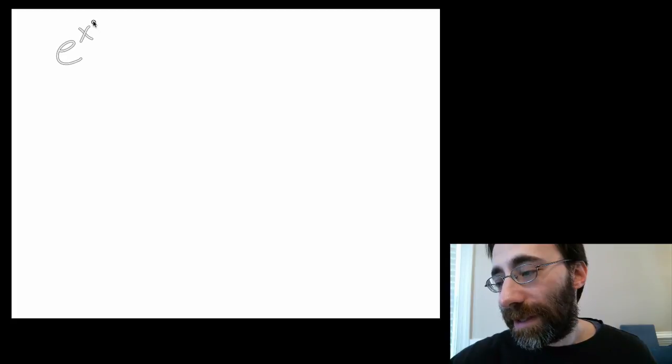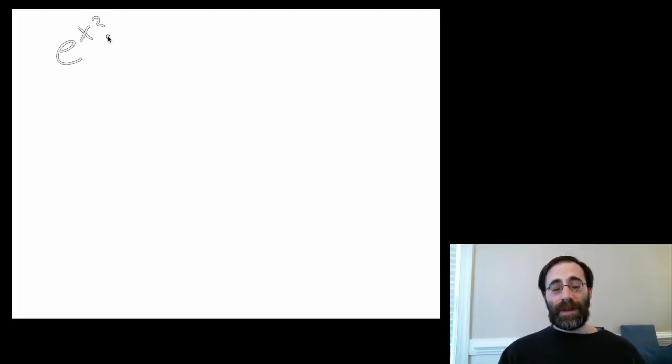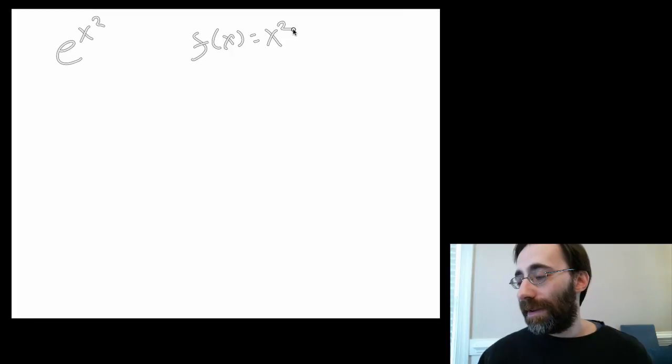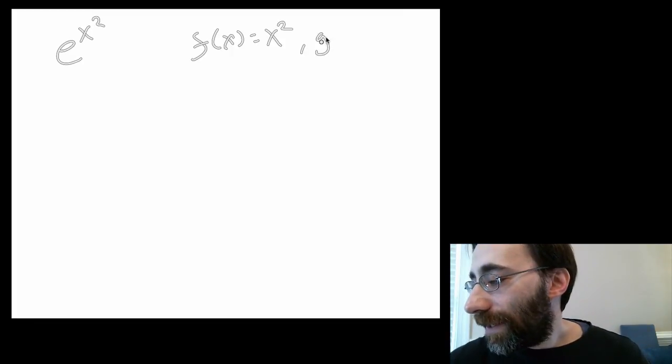The last example will be a very brief one to give a prelude to the next section. Let's say I wanted to take the derivative of e to the x squared, as we'll do next time. What should we do? Well, we can identify f of x equals x squared and g of x equals e to the x.